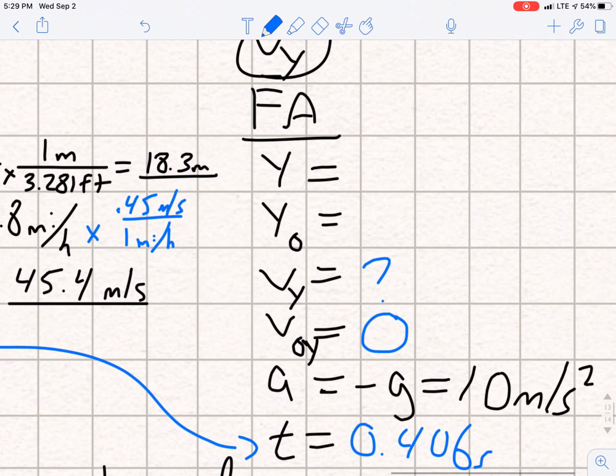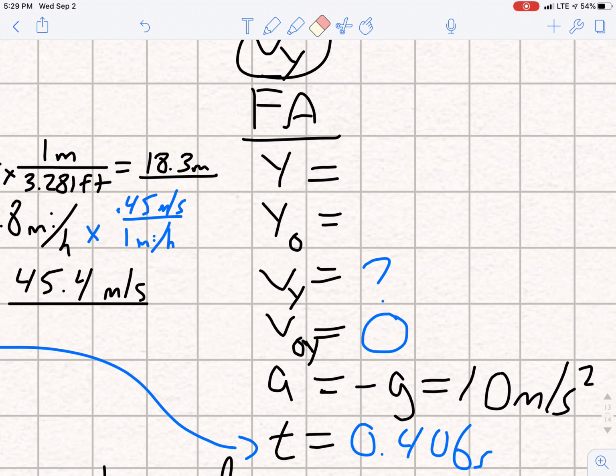My initial position, now here's the way we can work this one. You have to make a choice when it comes to y and y naught. If I choose to make y naught equal to 0, that means I'm falling. And if I'm falling, this value is going to be negative because I've dropped lower than 0. However, what I could do is make y naught my height, and I could find the level at which I'm falling to.